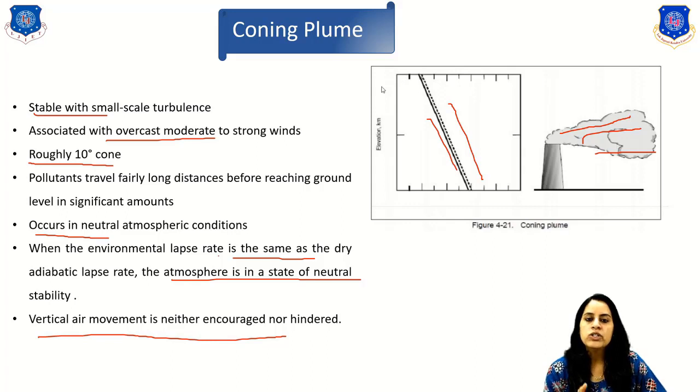The neutral condition is important as the dividing line between stable and unstable conditions, right? Neutral stability occurs on windy days or when there is cloud cover such that strong heating or cooling of the earth's surface is not occurring. It is a neutral condition, which means no chance of rainfall, right?